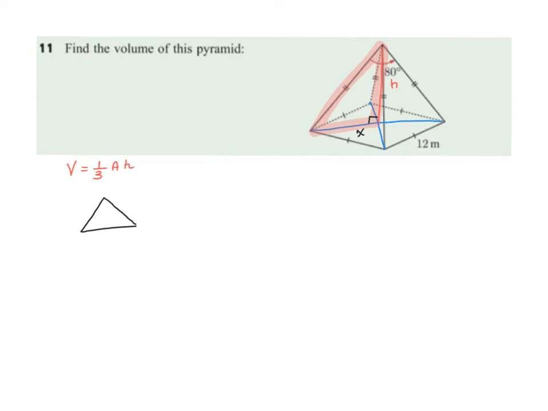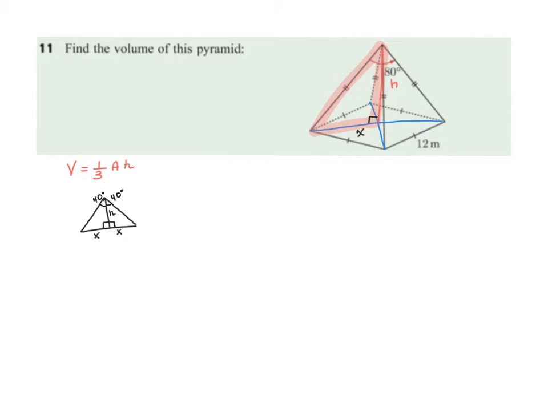So let me erase this. I'm using a new application here, so if I'm a little slow, just forgive me. So you've got that right angle, and this is that diagonal, and then you've got the height, and then you've got that 80 degrees. Now that 80 degrees means that that's 40 degrees and that's 40 degrees.